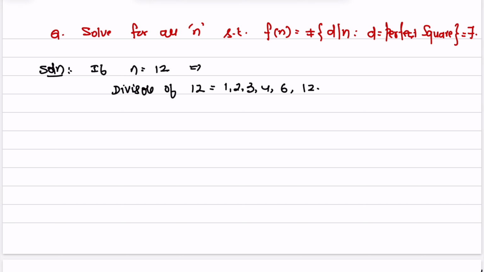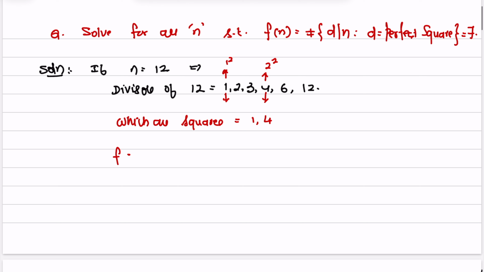But out of these, which are squares? The squares are only 4 and 1. 1 is the perfect square of 1, and 4 is the perfect square of 2.